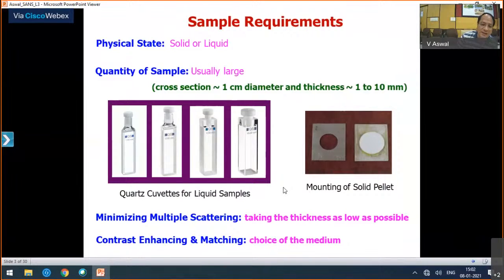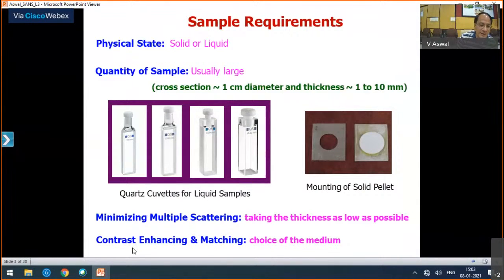You need larger thickness for small angle neutron scattering, but you should also minimize multiple scattering, because most of your theoretical formalisms are for single scattering. If you have too much multiple scattering, then the data analysis becomes very difficult. So you have to maximize intensity, but at the same time make sure you don't have a strong contribution from multiple scattering. Otherwise, data analysis will become very complicated.